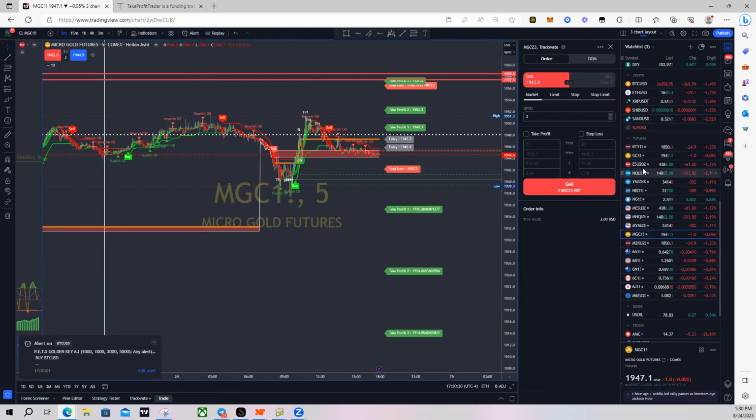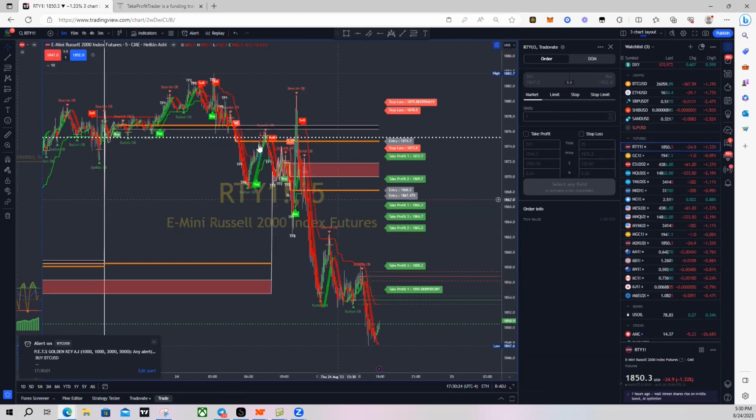Now, if you see a signal for RTY, Lord have mercy, that was a beautiful sound. If you see a signal for RTY and you're brand new, RTY is $5 a tick. If you do not want to risk $5 a tick, like we said, instead of trading the mini, you're going to trade the micro. The micro for Russell is M2K.